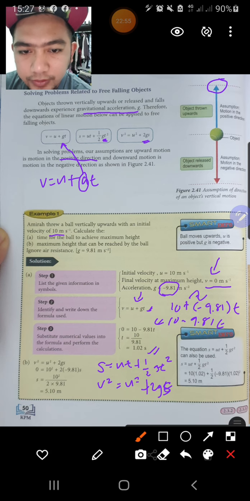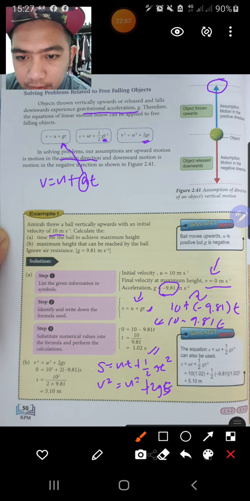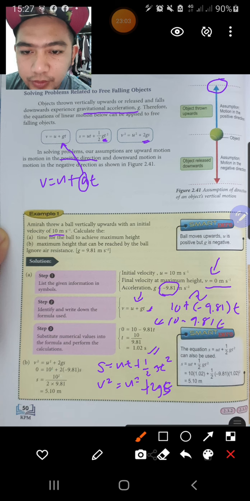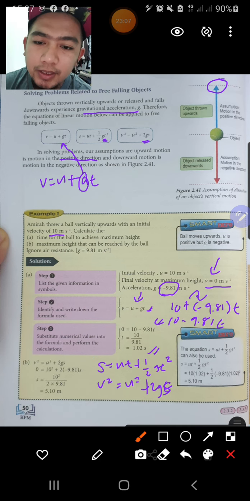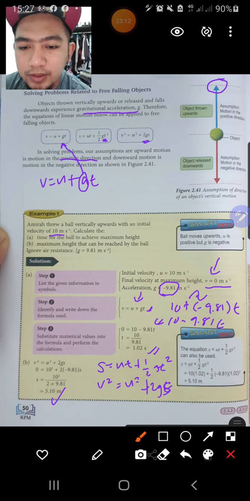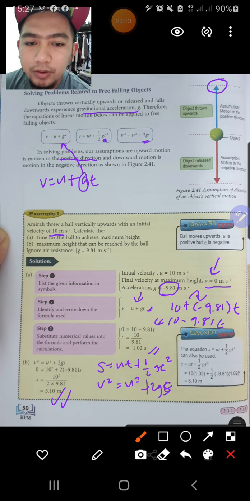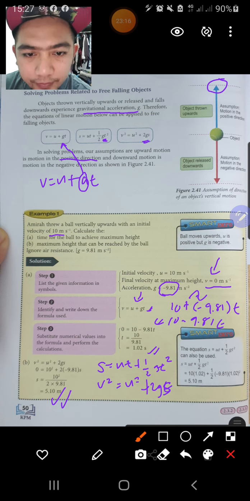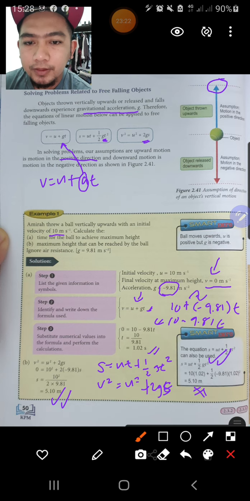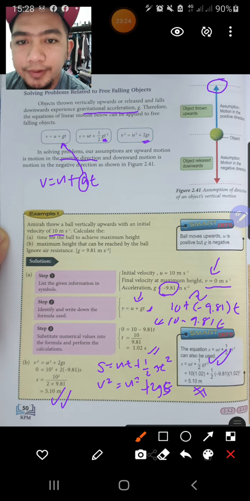Oh, here it is s instead, sorry. So actually you should have v, the value of v is 0, u is 10. Okay, 10 square plus 2 times negative 9.81 times s. This one you just insert into the formula. And then you will get 5.10 meter. Or you can use this formula, like the teacher said earlier. You can also get the same answer. Okay. Alright.